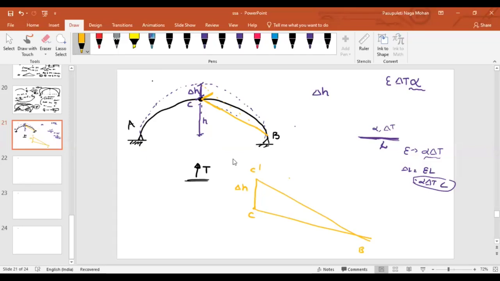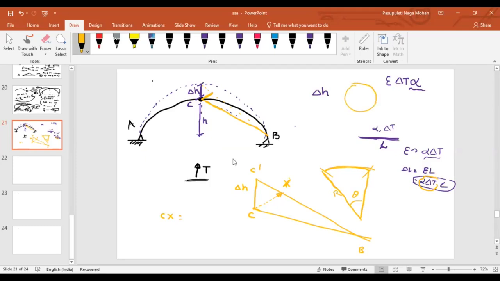First we have to find out how much distance it has moved in a perpendicular way, right? Now, let us say this is some X. How can I find out this CX? Based on the same logic, alpha into delta T into L.